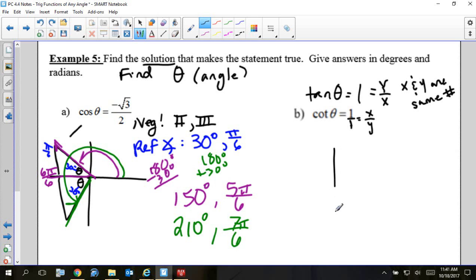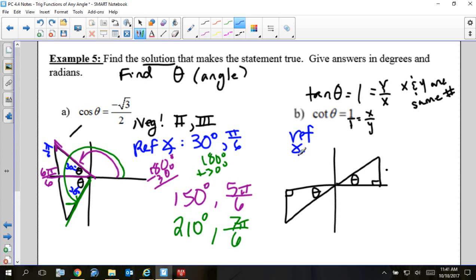Now I'm going to draw my picture. And tangent or cotangent is positive where? 1 and 3. And then we think what reference angle gives us tangent equaling 1, or when x and y are the same number. 45 degrees.